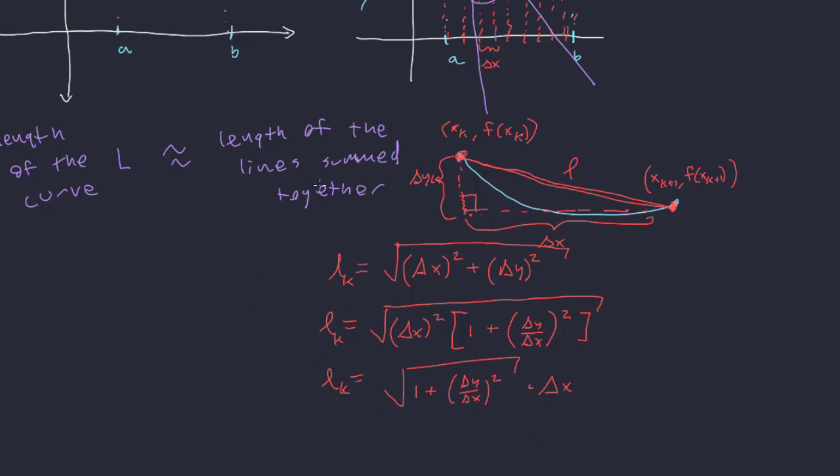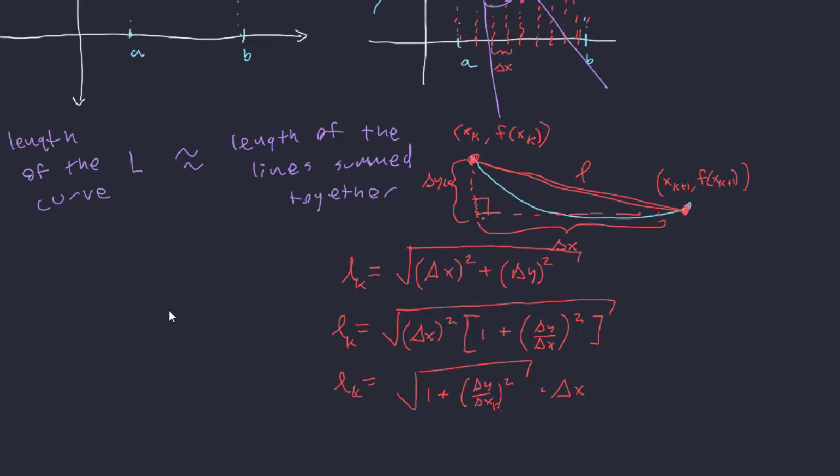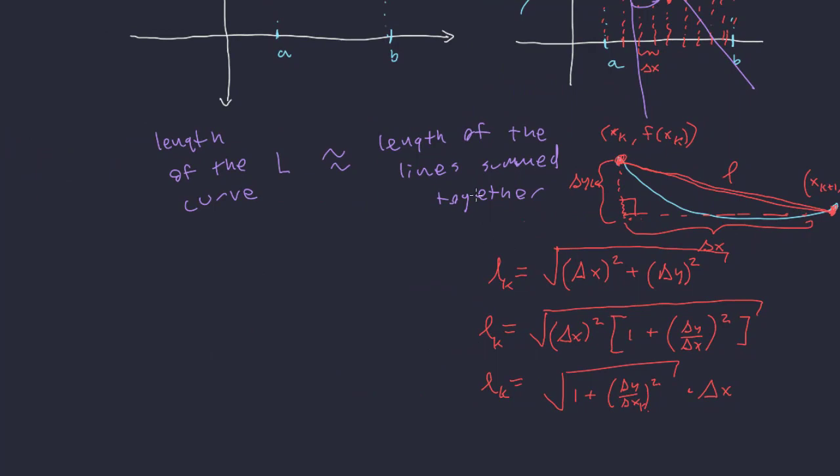Okay, so each one of these lines ends up being approximated by this right here. So the length of the curve is approximately the sum, okay, of the length of each one of these lines.